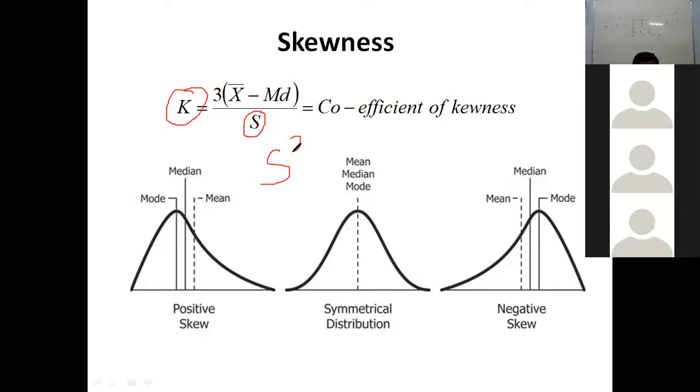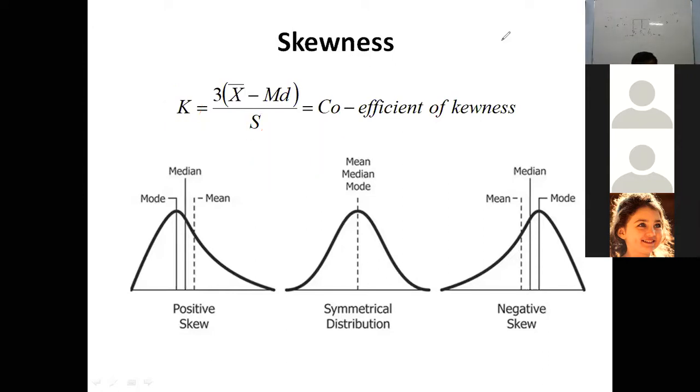What is the difference between this and that? This is sample standard deviation. This squared is sample variance. There is nothing called standard variation. This is sample variance. This is sample standard deviation. Right. Okay, fine.